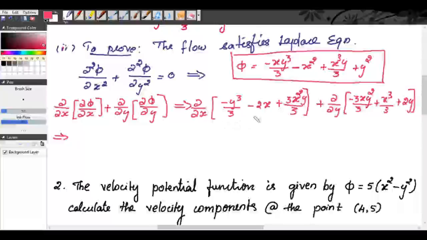So which implies we will differentiate this with respect to x. So ∂/∂x of this term plus ∂/∂y of this term. When we are differentiating with respect to x, here we don't have x term. Here it is minus 2.